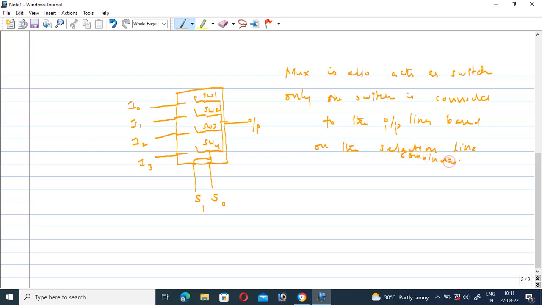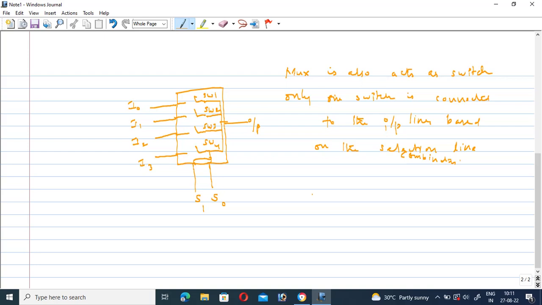So only one of the switches is connected, or closed, when the particular selection line inputs are given to the particular multiplexer. So this is just a brief introduction to how the multiplexer is going to be represented.